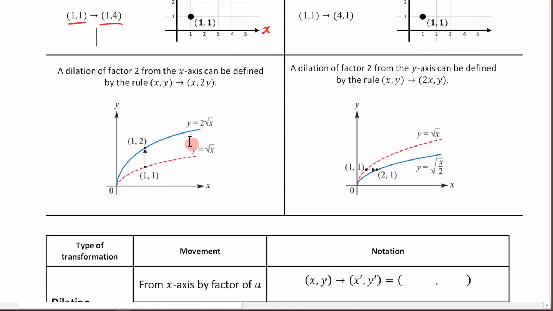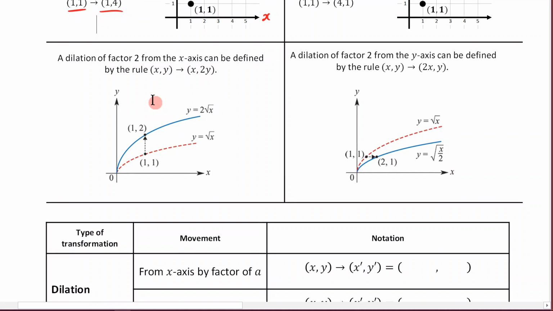We can look down here and see an example of when we're not just dilating a single point, but rather we're dilating an entire graph. So here we have a dilation of a factor of 2 from the x-axis, which can be defined by this rule. And as you can see, we're starting with this graph here, and then after we apply our dilation from the x-axis, it's pushed it away from the x-axis up to here.